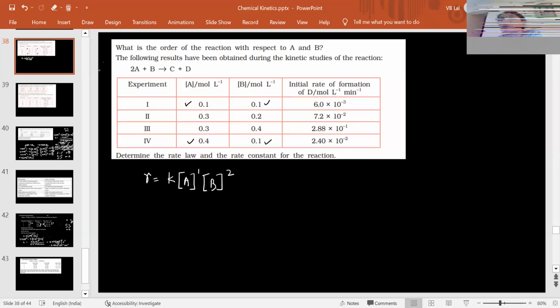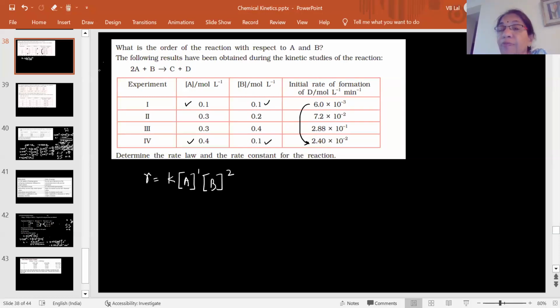What happens to the rate of reaction? It becomes 2.4 into 10 raised to minus 2 from 6 into 10 raised to minus 3. So it is increasing 4 times, right?